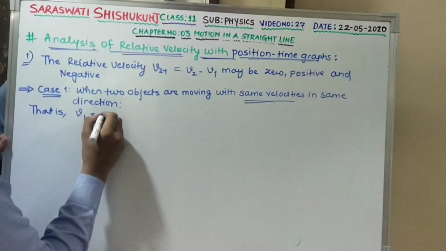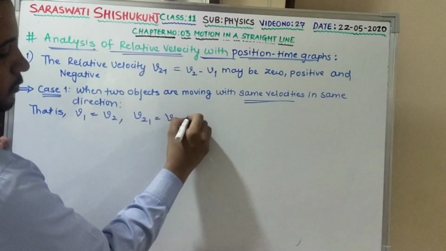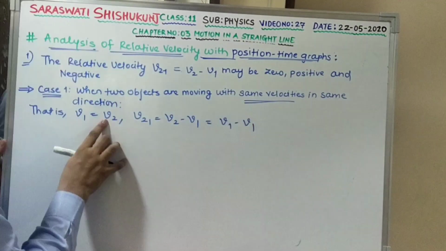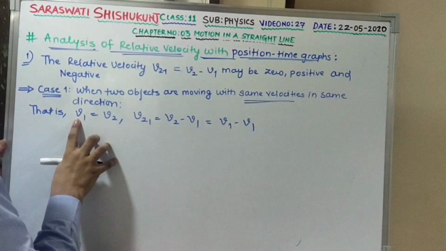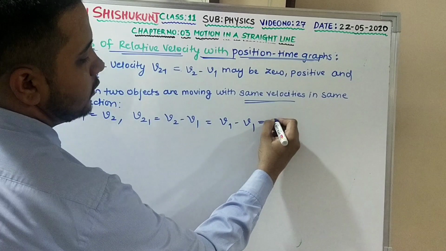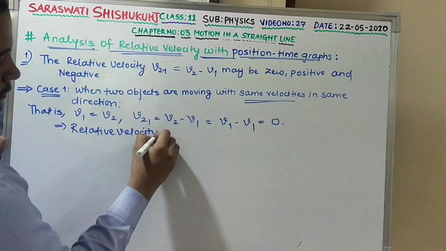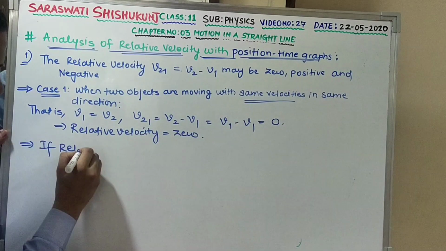That is, the same velocity and same direction, so I can say that v1 is equal to v2. So the relative velocity v21 is v2 minus v1. As v1 is equal to v2, both are the same, so v1 minus v2 is equal to 0. This implies the relative velocity is 0 in this case.